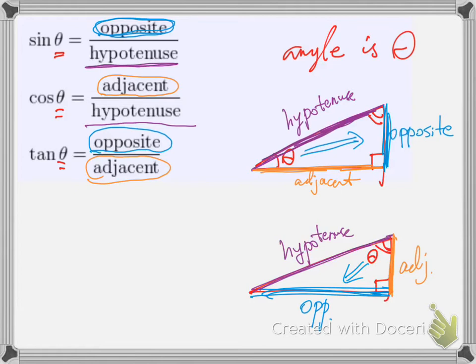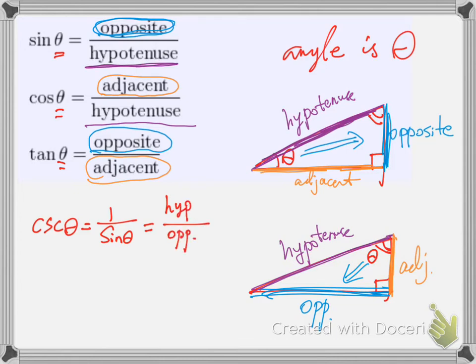Okay, so the other three are the reciprocals of sine, cosine, and tangent. So what's cosecant? Cosecant theta is 1 over sine theta. So that means you flip it, right? You flip it. So this is the hypotenuse over opposite.